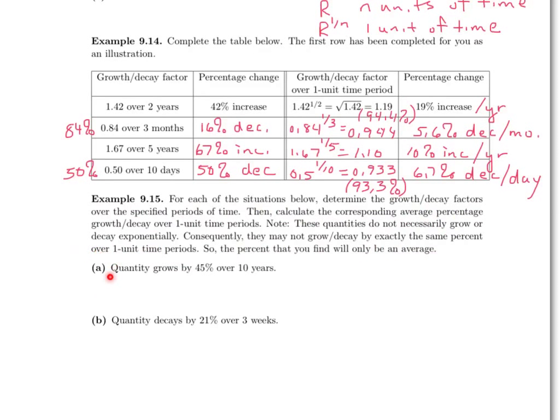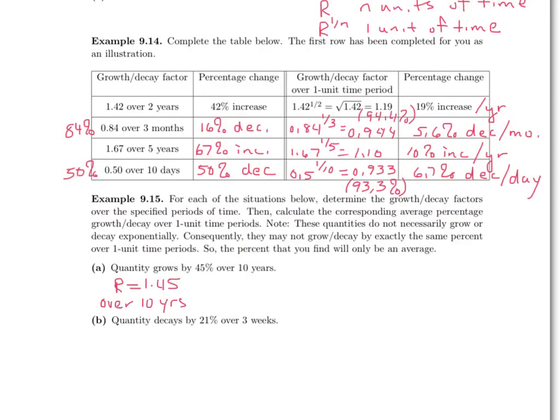Let's look at part A. So in this case, we're talking about a quantity that grows by 45% over a 10-year period. So this would correspond to a growth factor of 1.45 over 10 years.